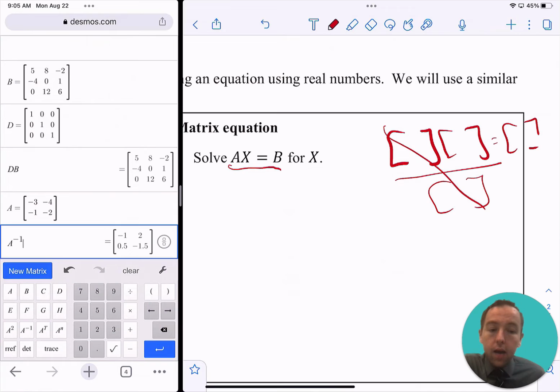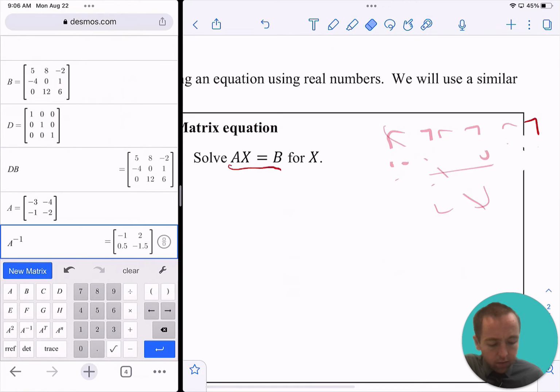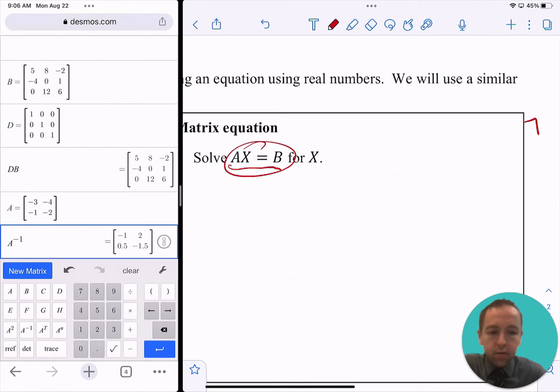And you can't, because there is no operation of division with matrices. You can only add, subtract, and multiply with matrices. There is no division operation with matrices. So if we were to try to solve this equation and get x alone, we want to be able to get rid of the A somehow, but how do we do so?